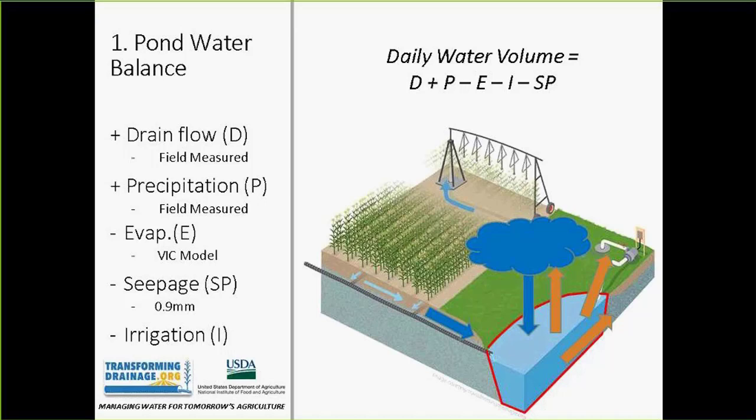Thanks to Dr. Laura Bowling and her student Charlotte Lee at Purdue, they have the gridded regional VIC model, so we use that as a source of the surface evaporation estimates. For this study, we just held seepage constant at 0.99 millimeters, a number that comes from some of the NRCS engineering guidance.